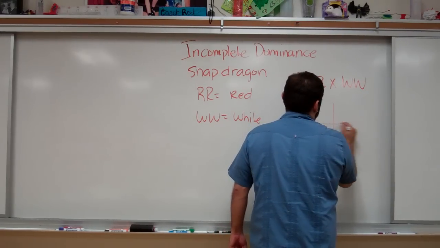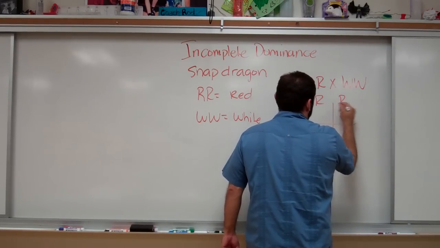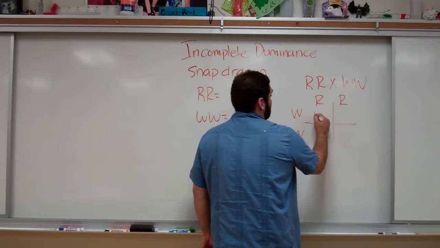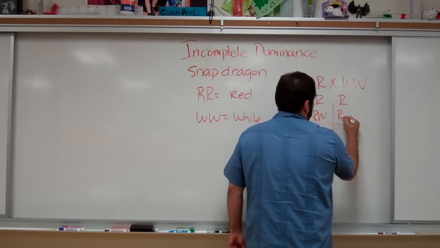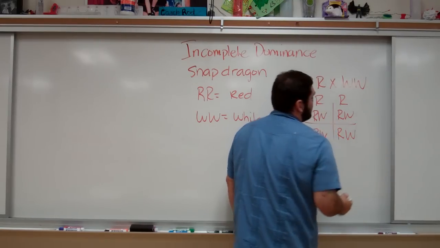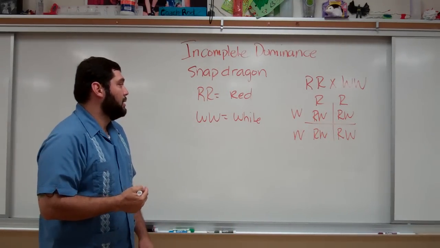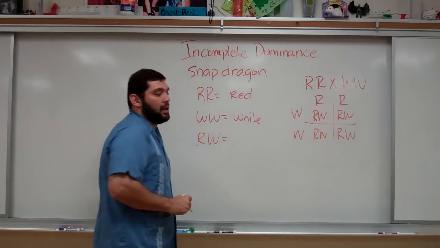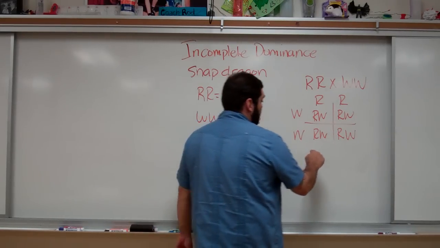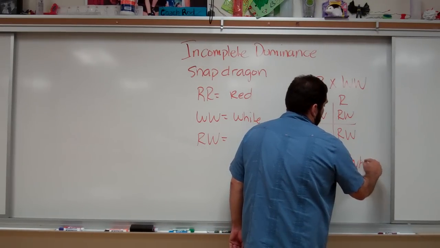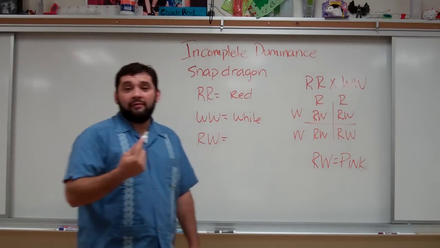when you cross them, you're going to do again your traditional Punnett square. You're going to get this as your heterozygous result, offspring. So the heterozygous form of this produces a pink plant, or a pink flower.